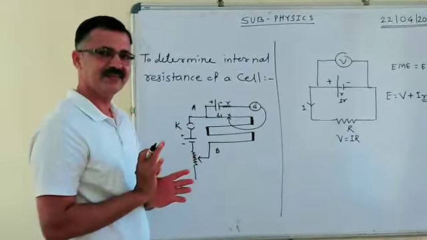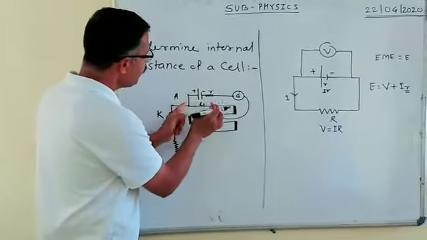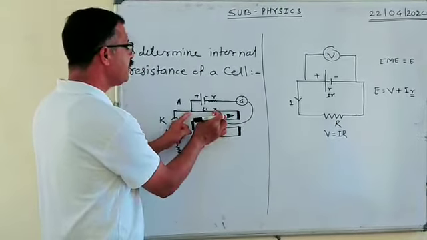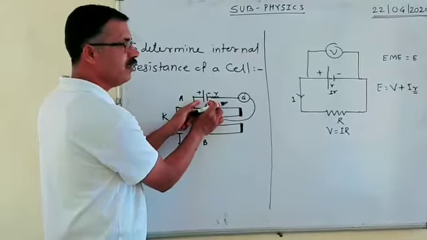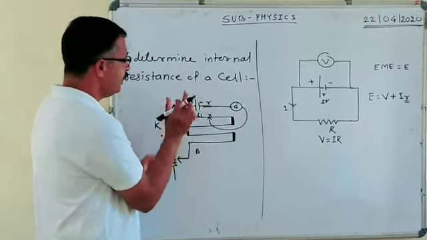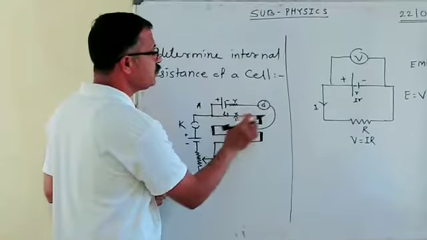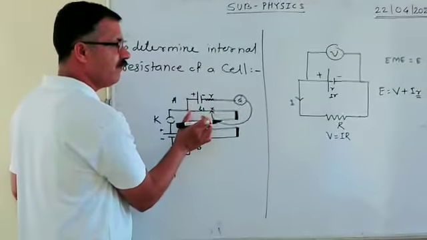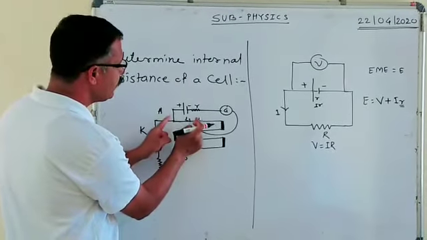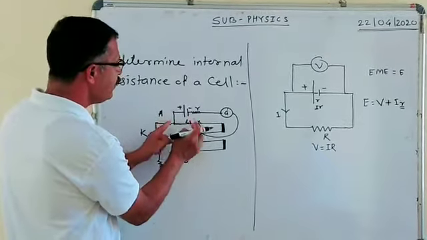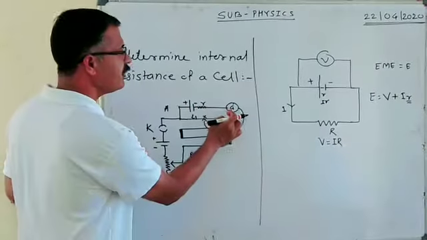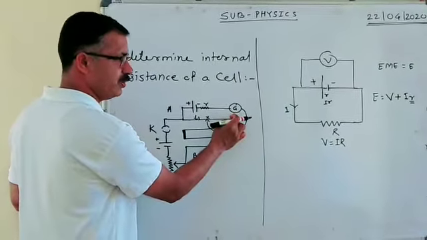It means that the potential difference across this wire AX is exactly equal to the total potential difference of this cell, that is, the EMF. Here no current flows through this cell in this circuit because it is only a comparison. When the potential difference across this wire becomes equal to the total EMF of this cell, the galvanometer shows zero deflection.